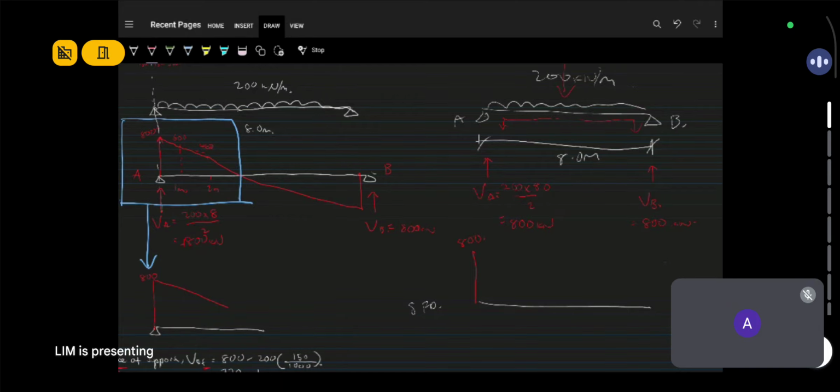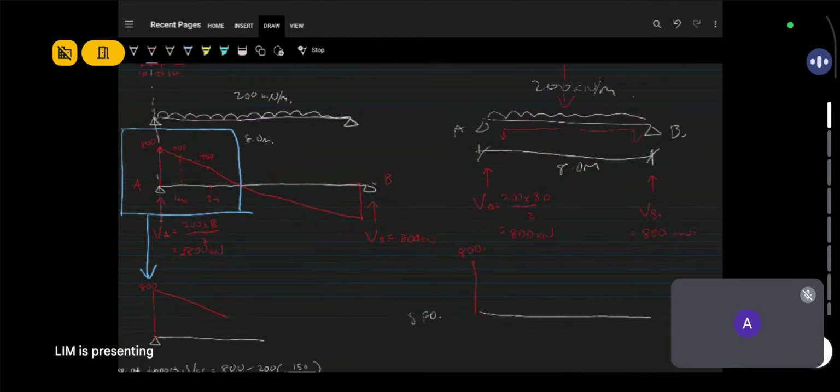We know that along the beam you have a UDL of 200 kilonewton per meter run, pushing down. What that means is every meter you go towards the right, you lose 200 kilonewton, because it's pushing down.